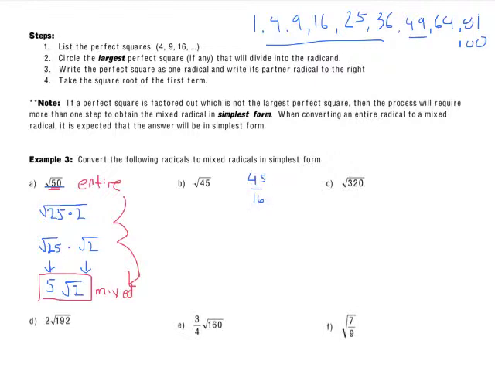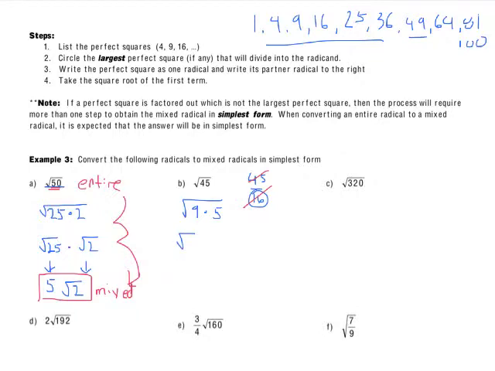And if you get a whole number, then 16 is the highest perfect square. However, this is not going to work because we'll get a decimal. However, 9 works. Okay, 45 can be split into 9 times 5. And again, 9 is the highest perfect square.